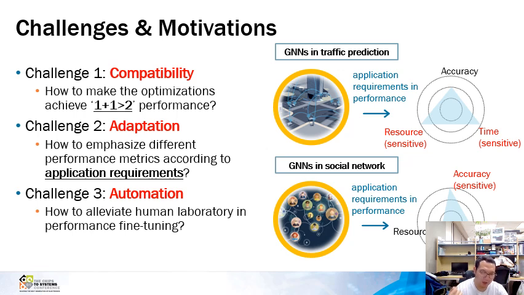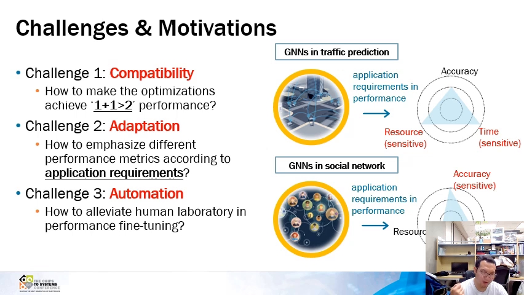Lastly, we come to automation. We would want our GNN to run smoothly without constant human intervention. This challenge is about reducing the need for human labor, while maintaining or even improving performance.